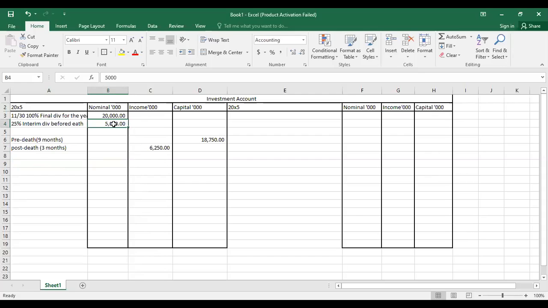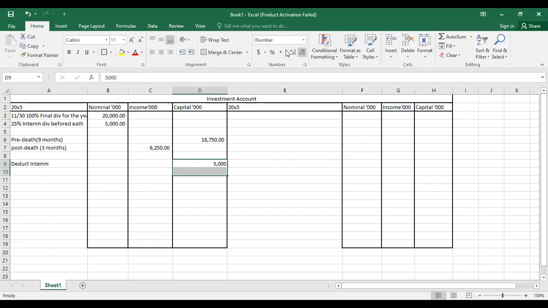Yeah, but we have to deduct it. So we are going to deduct that figure. So deduct interim from the capital account. And our interim is 5,000. So if you deduct that, what are you going to get?